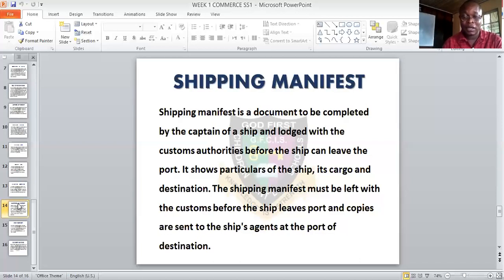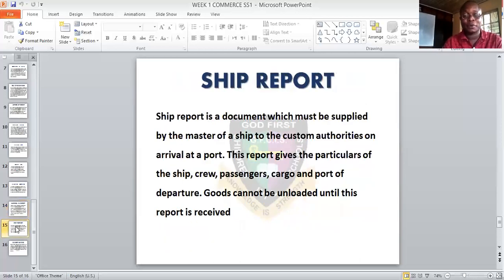The shipping manifest must stay with the customs before the ship leaves the port, and another copy will be sent to the ship agent at the port of destination. This simply means that in another country, a copy will be sent to them. This is very important.